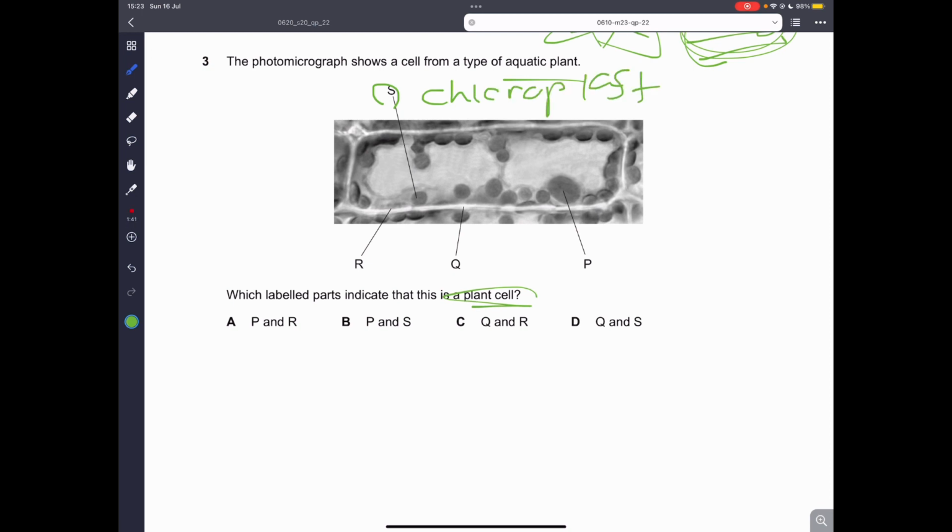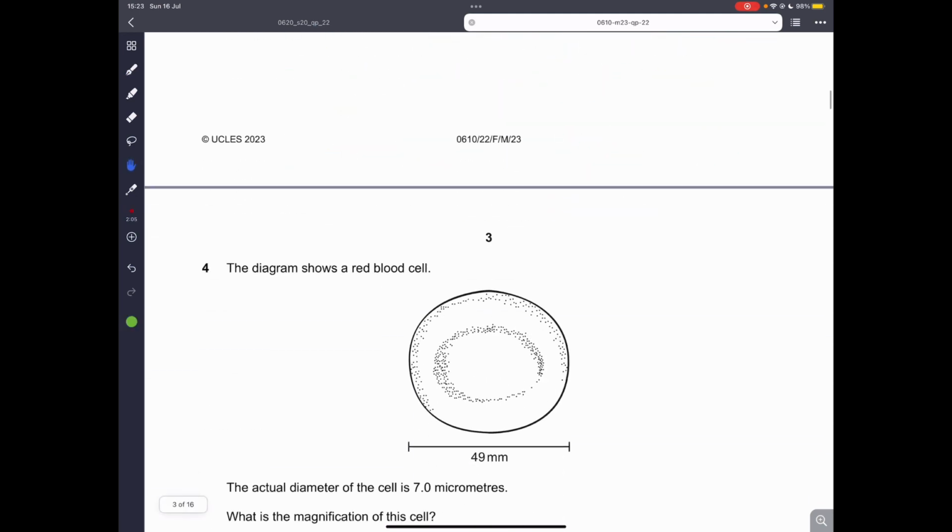And you can see that this P is a nucleus, because the nucleus is very large, it's the largest organelle. And Q is the cell wall, and R is the cell membrane. So we can see that in plant cells, only the cell wall and chloroplast are the distinctive features of a plant cell, and therefore S and Q, therefore D is the correct answer.